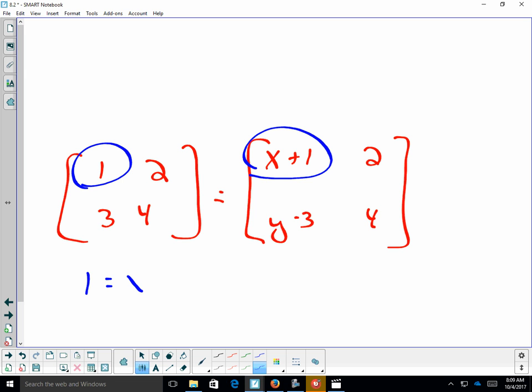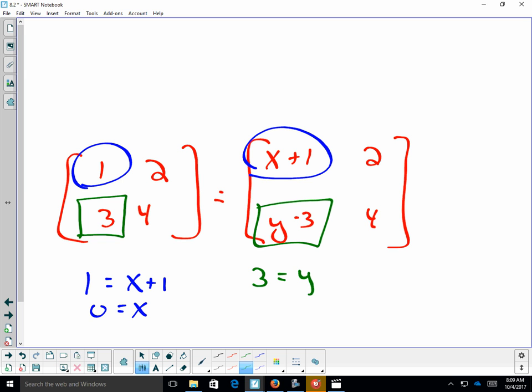So 1 has to equal x plus 1. To solve for x, x would equal 0. Similarly, for row 2, column 1, 3 would have to equal y minus 3. So 6 would equal y. And then notice that the 2 is equal to the 2, and the 4 is equal to the 4. That's what makes those two matrices equal.